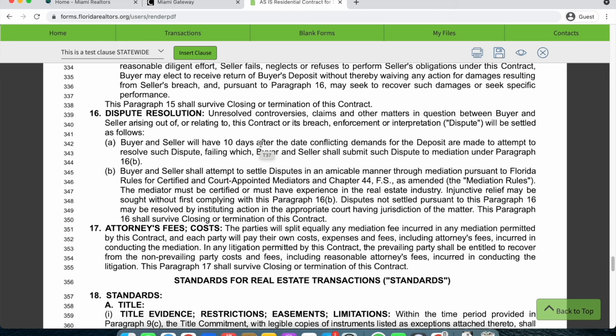So if there's a $5,000 escrow deposit and your buyer defaulted and the seller's going after it, realistically, if he hires an attorney, the attorney's going to cost him up front probably that amount or close to it.